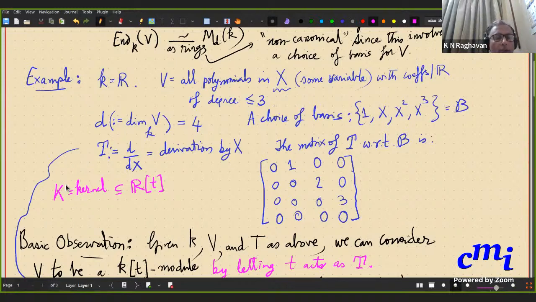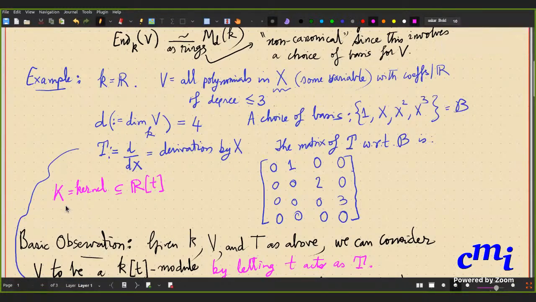So the kernel consists of all those polynomials which, when I act on any element of this vector space, I must get 0. 2 is not such a polynomial because 2 acting on X is just 2X. 2 acting on 1 is just 2, which is not 0. So can you identify the kernel here?